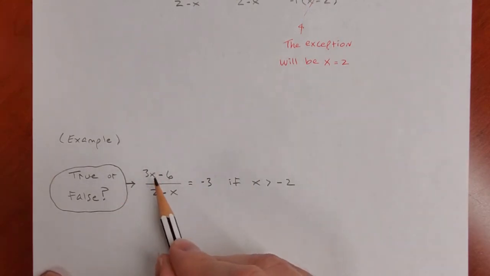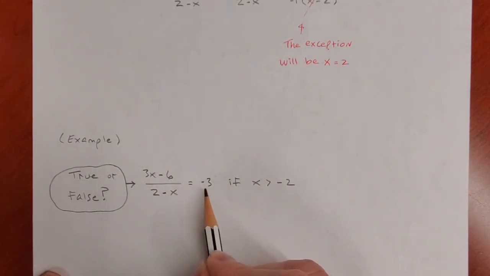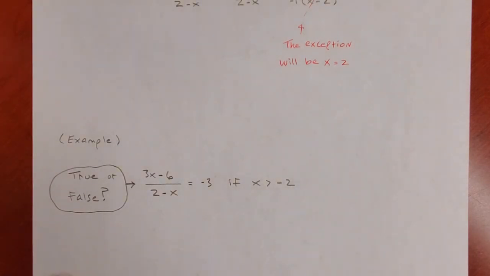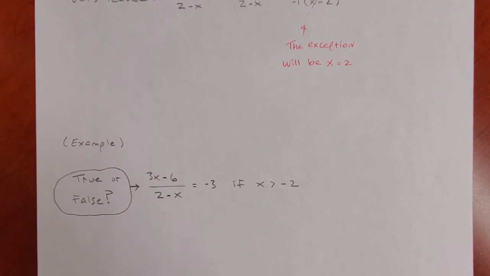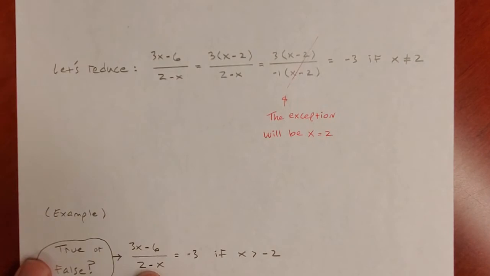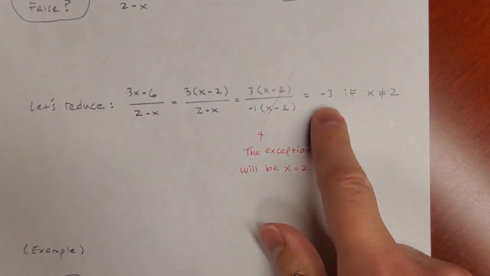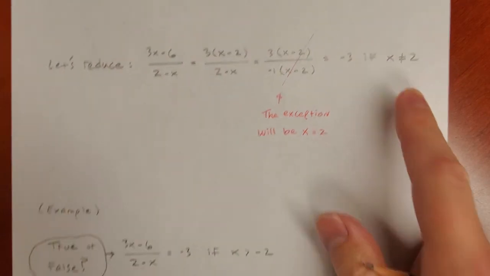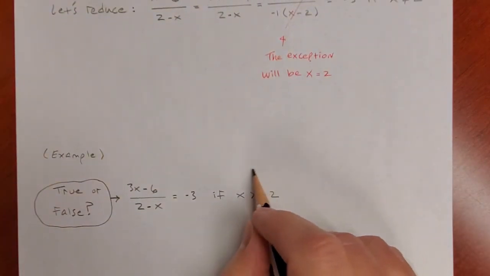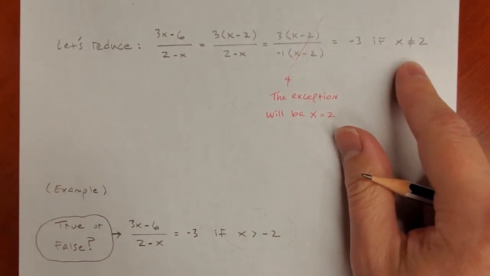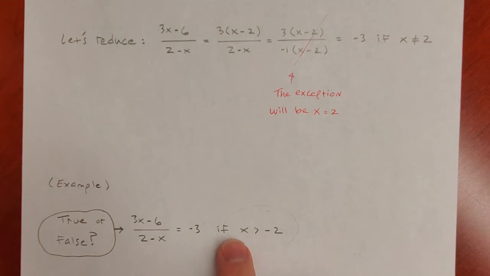Will 3x minus 6 over 2 minus x be equal to negative 3 if x is anything bigger than negative 2? True or false? Well, we already determined that this reduces to this as long as you don't plug in 2 for x. But this condition does include that number that's not allowed, doesn't it? This says any value more than negative 2.